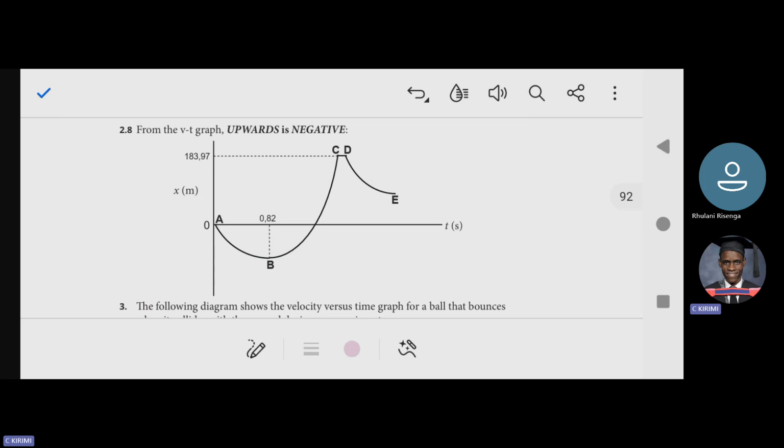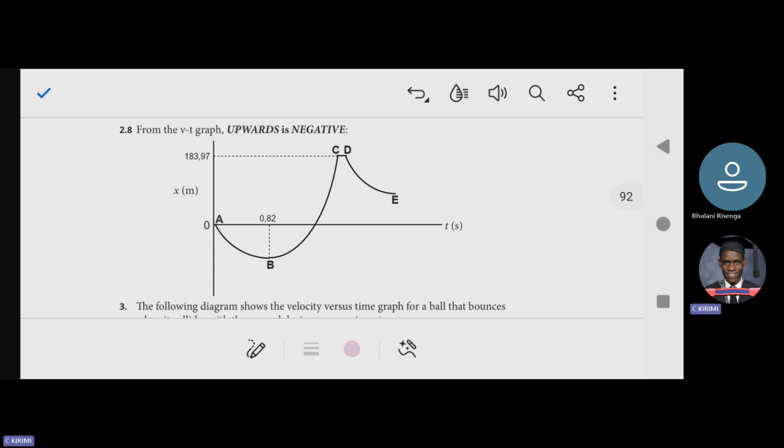And this one is a position-time graph, where upwards is what? Now we are taking upwards as negative. So it's a reflection, you're just inverting the graph.